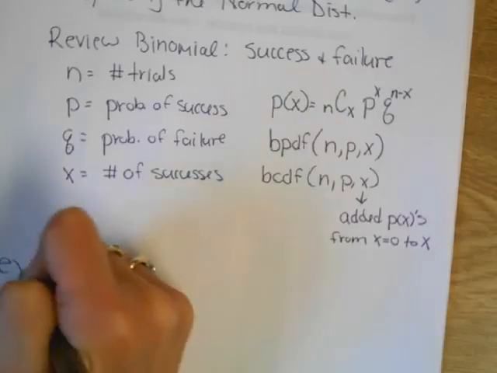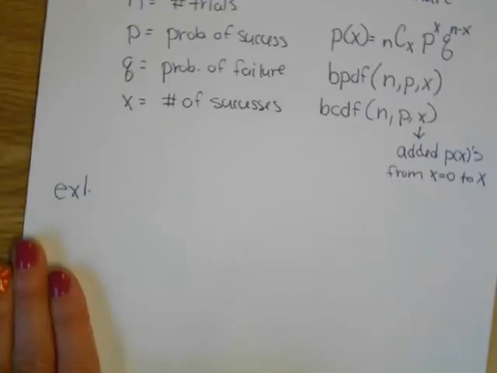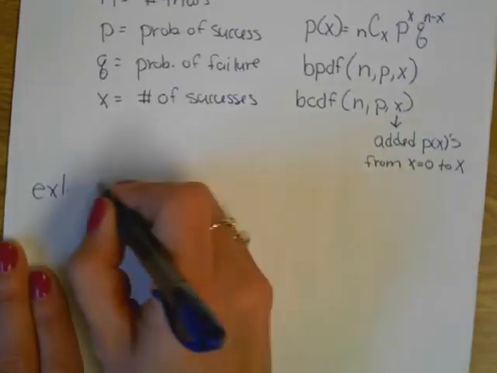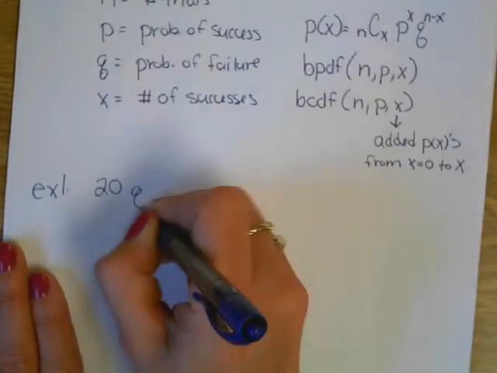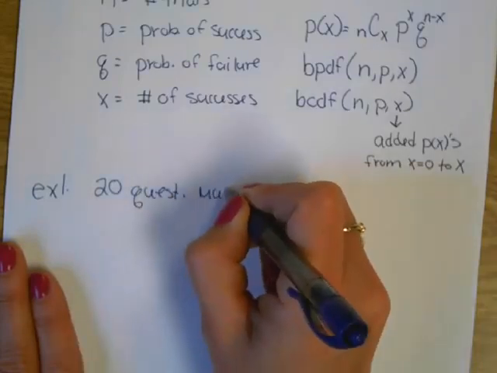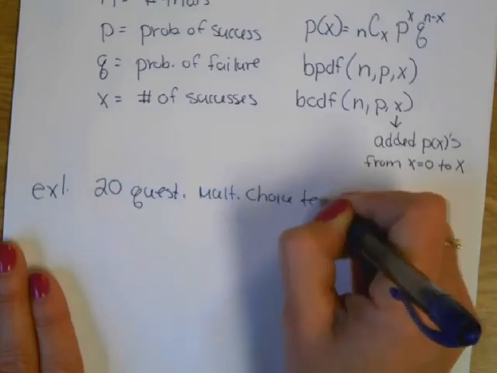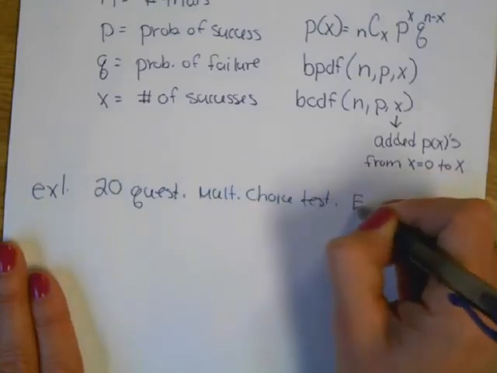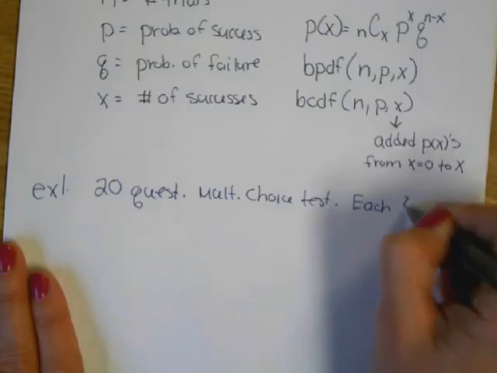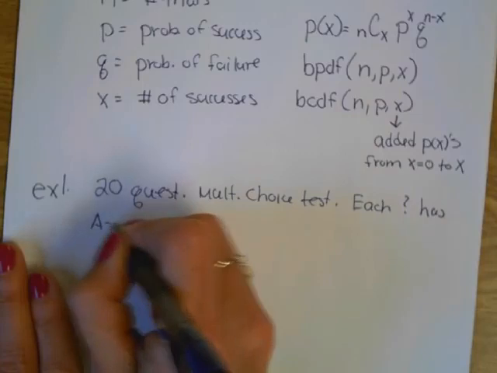So example 1. Say we've got a 20-question multiple choice test. Each question has A through E, with only one being correct.